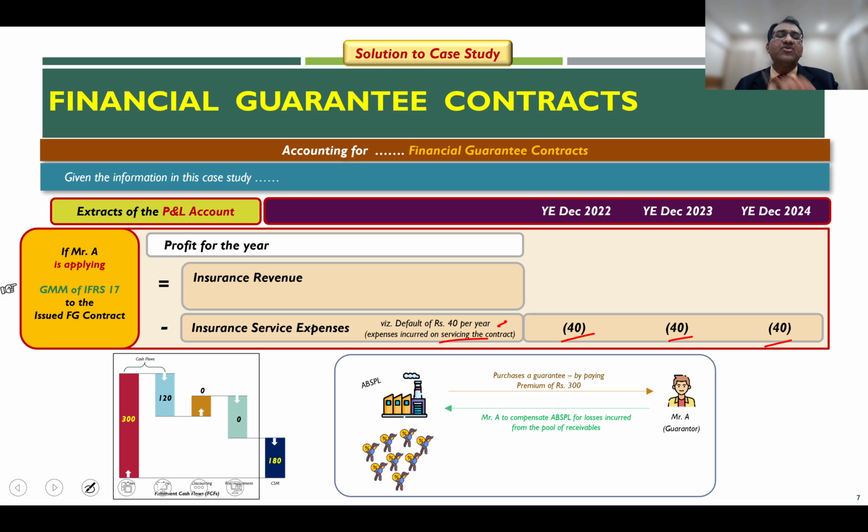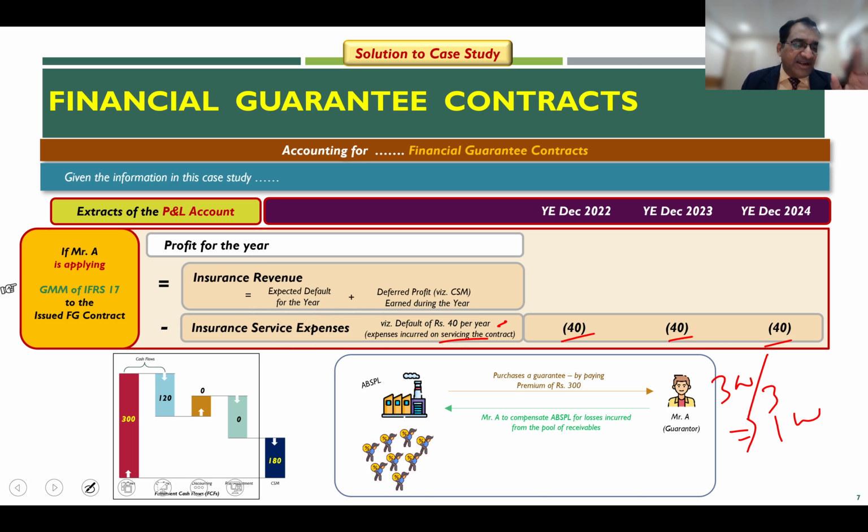What about insurance contract revenue? Now, if you look at it from 10,000 feet, without applying the GMM model, you simply have 300 rupees of fee income. If this were recognized on a straight-line basis, every year you should have 100 rupees of revenue. This is what you will achieve, but in a different way.